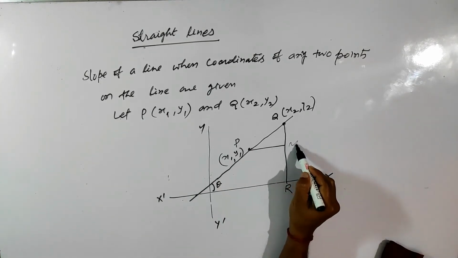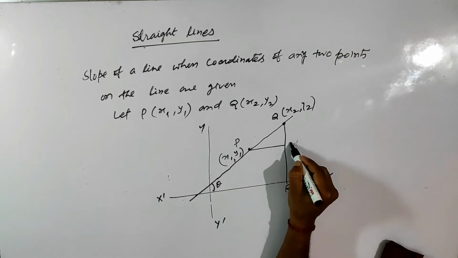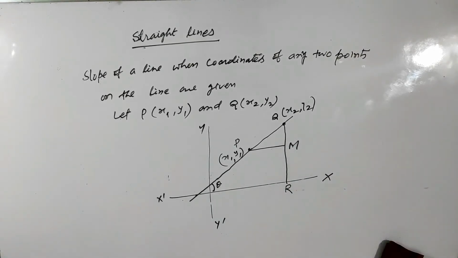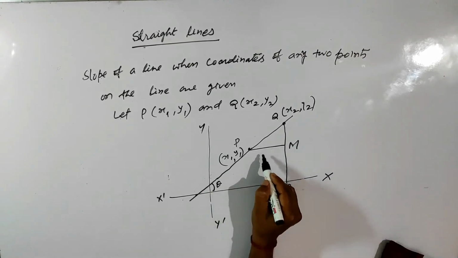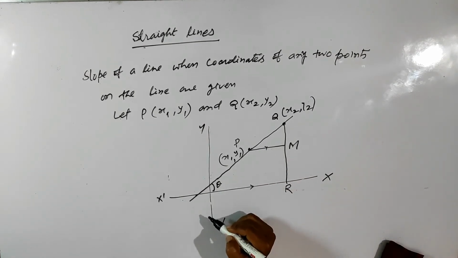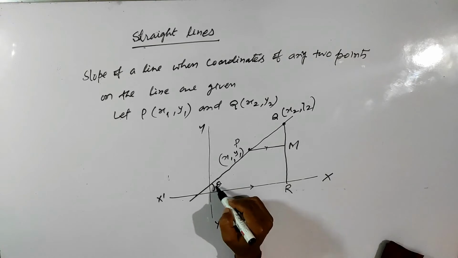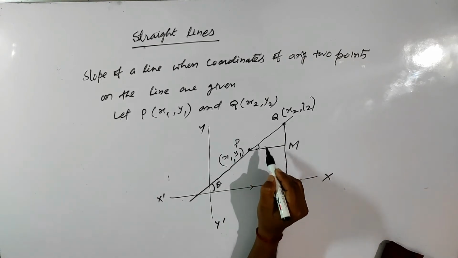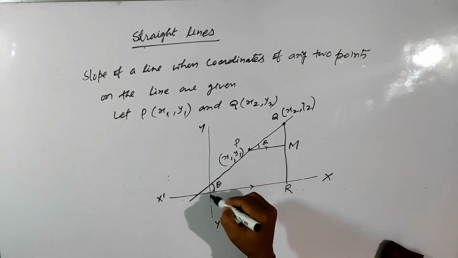Consider it M. Since this line is parallel to the x-axis, this angle and this angle will be equal because they are corresponding angles.